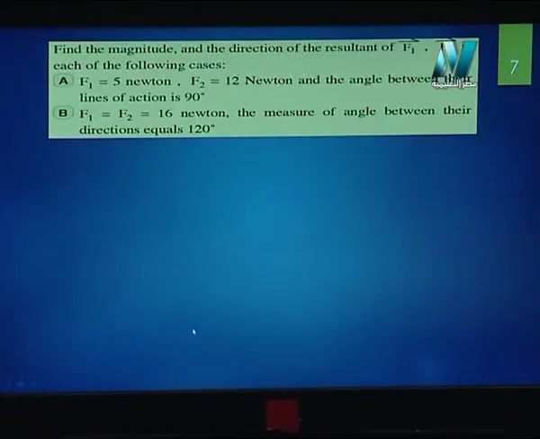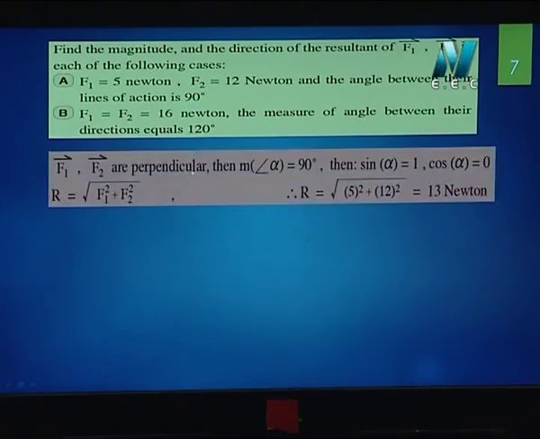We have here an example. Find the magnitude and direction of the resultant of F1 and F2 in each of the following cases. F1 here equals 5 Newton, F2 equals 12 Newton, and the angle between their lines of action equals 90 degrees. So alpha equals 90.